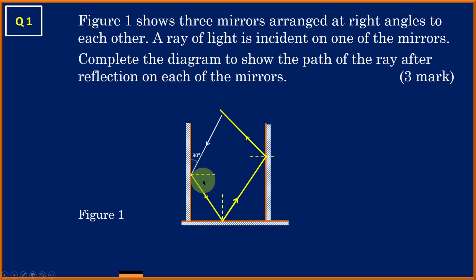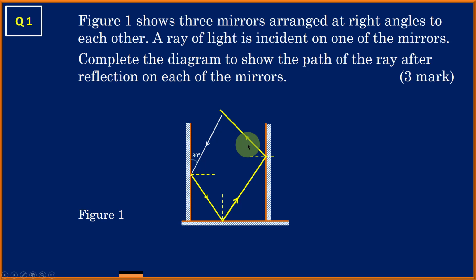Angle of incidence equals the angle of reflection. So this is 30, this is 90, and this is 60. The angle of incidence at this point will be 30 degrees, so the angle of reflection will also be 30 degrees. The ray will be reflected like this. This again will be 60 degrees, and this will be 30 degrees. This will be 60 degrees, and this again will be 60 degrees. So that is the way the ray is going to travel.